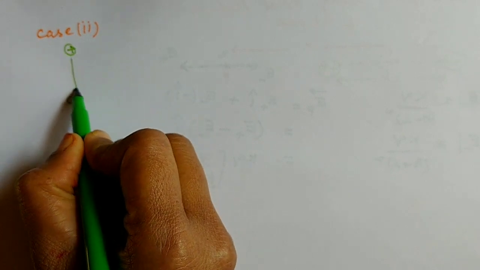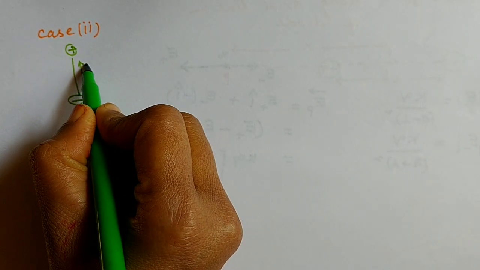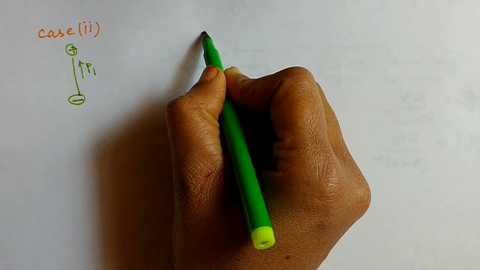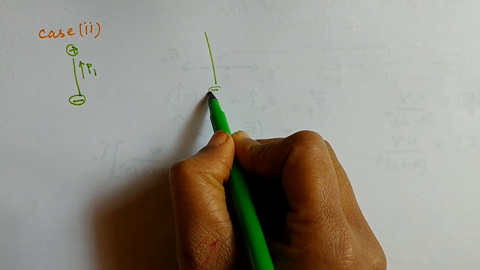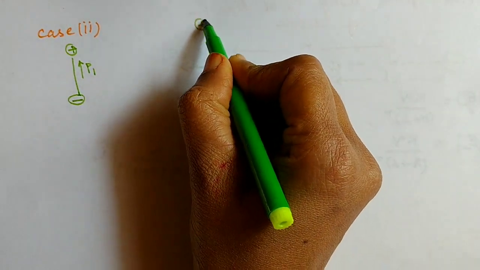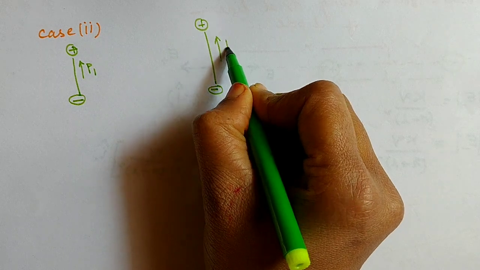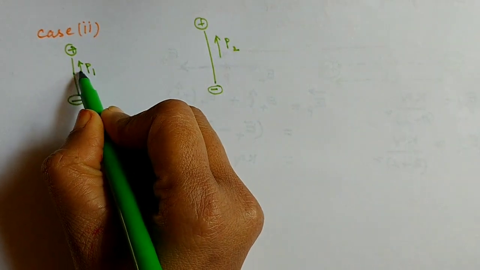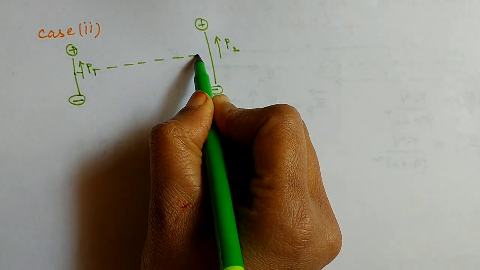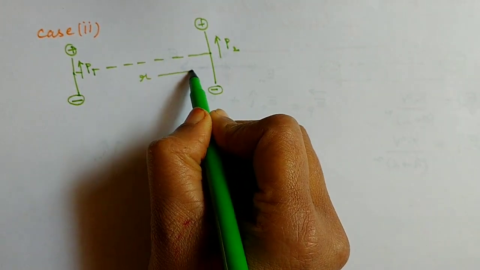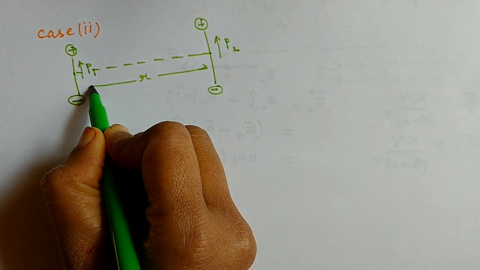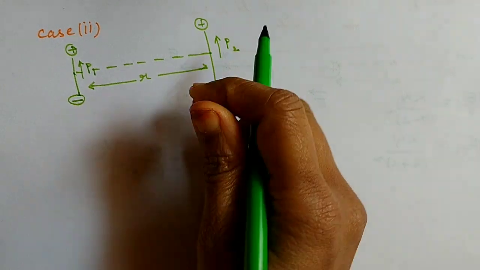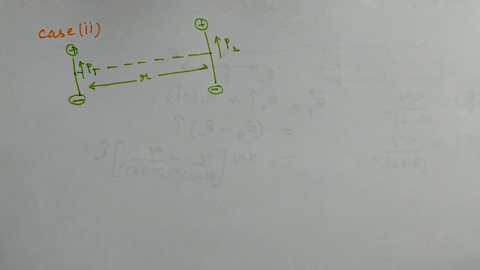So this is a dipole with dipole moment P1, another dipole, minus and plus, it has a dipole moment P2, both are along y axis. The distance between their centers is taken as small r. Assume they are point dipoles. r is much greater when compared with the size.